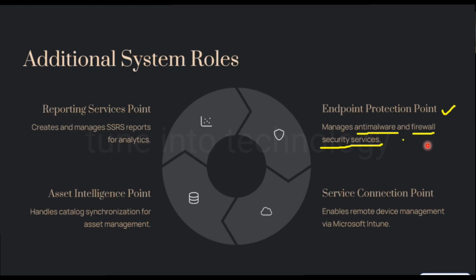It helps you to integrate and monitor. So this is the most crucial point, I would say. And the service connection point helps you connect via Microsoft Intune. It is more about connecting your remote devices which are outside the network, such as mobile and remotely available devices.